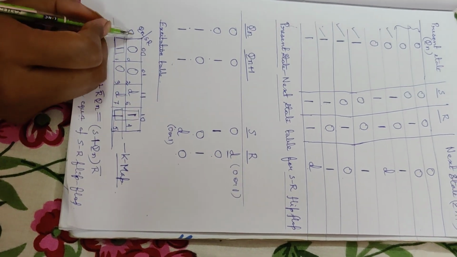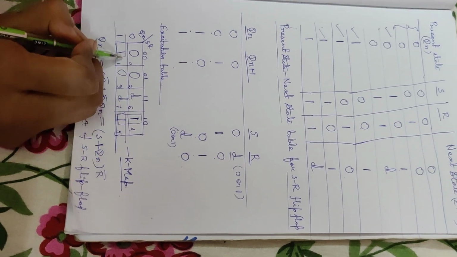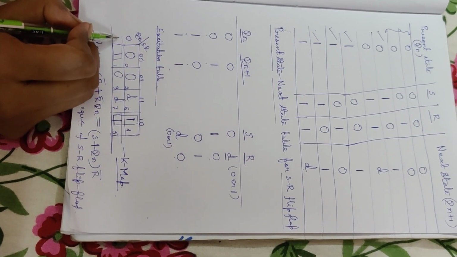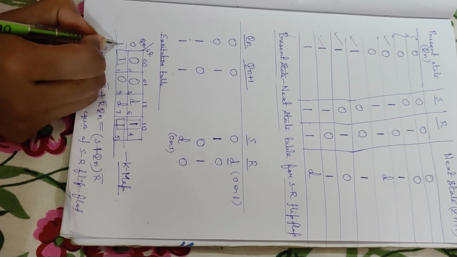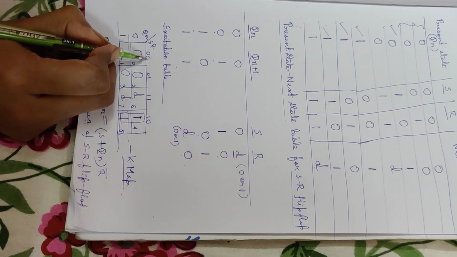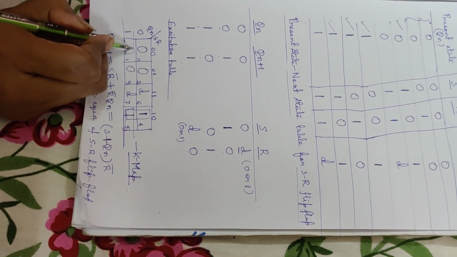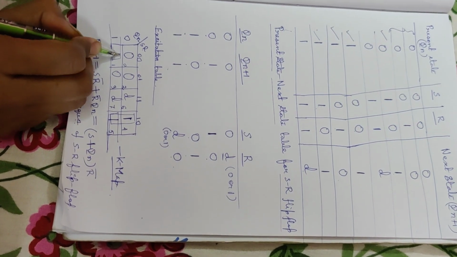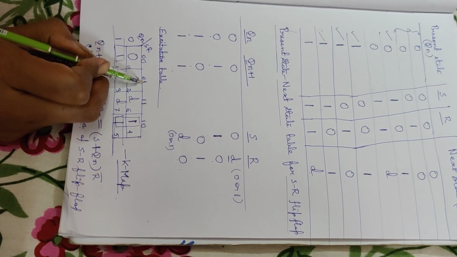Okay. Now coming to this second row of the K-map where the present state output is 1. Present state output is 1 and S, R both are 0. That means the next state output will continue to remain at its previous state. So next state output will be 1 here. Again, S equal to 0, R equal to 1.